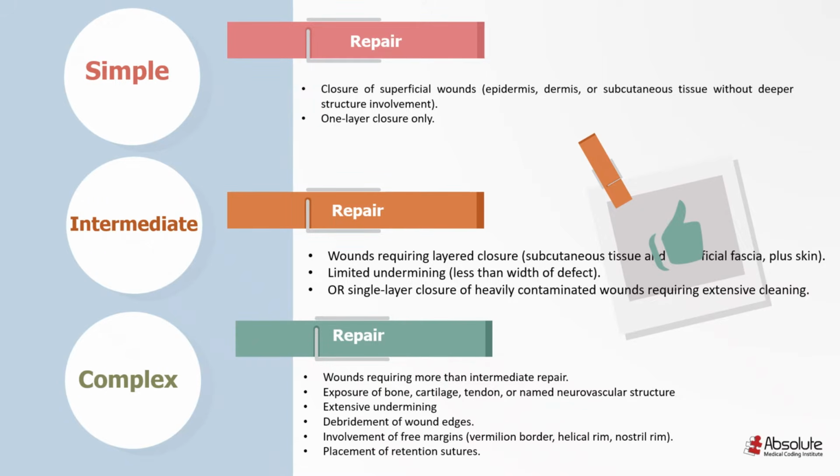Here are the key features to watch for in the documentation: exposure of critical structures such as bone, cartilage, tendon, or a named neurovascular structure; extensive undermining; debridement of the wound; involvement of free margins like the vermilion border of the lip, the helical rim, or the rim of the nostril. Finally, the complex repair involves the placement of retention sutures as well.